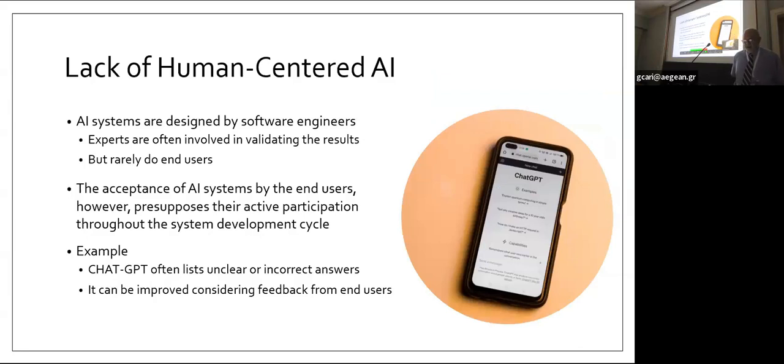Validation of results is often performed by experts, but rarely do end users participate in the decision, development, and evaluation process of such systems. However, acceptance of AI systems by the end users requires their active participation throughout the system development lifecycle.